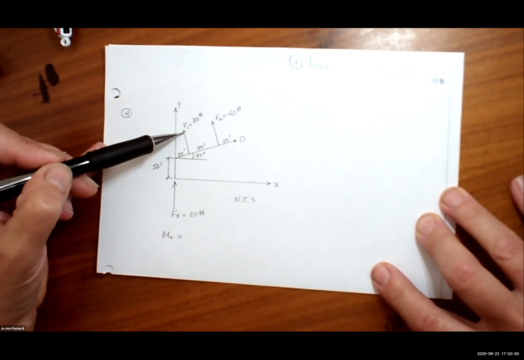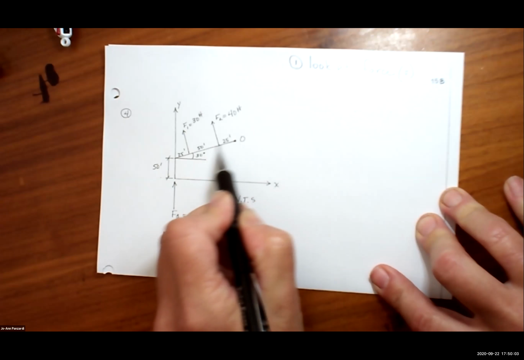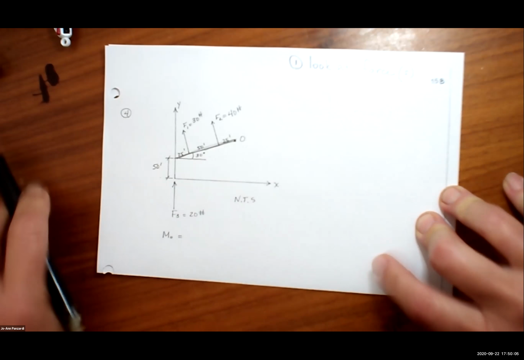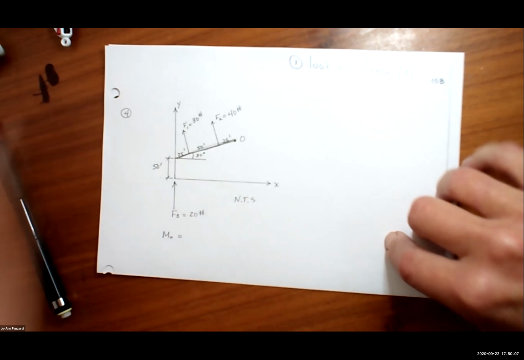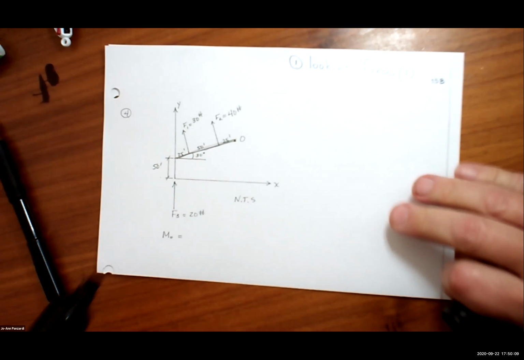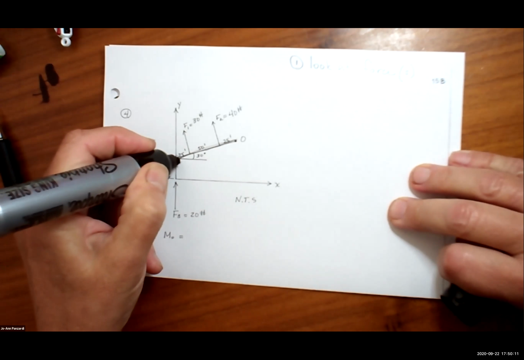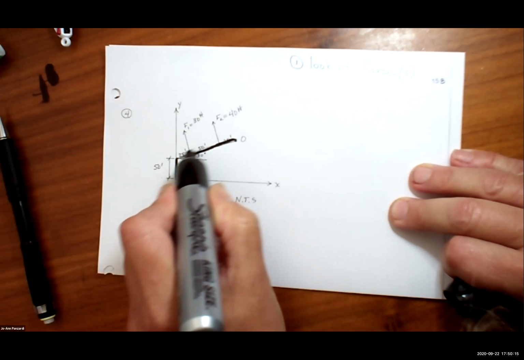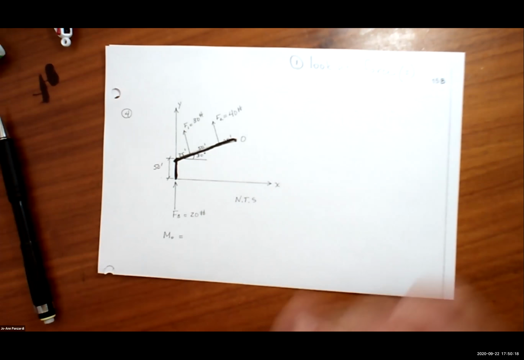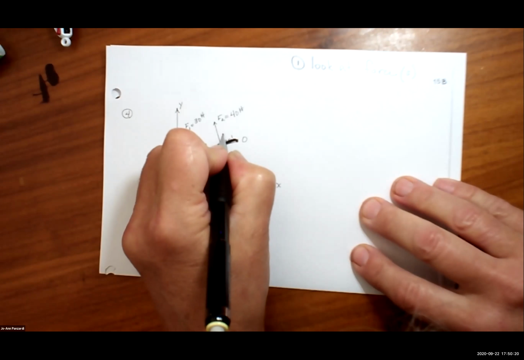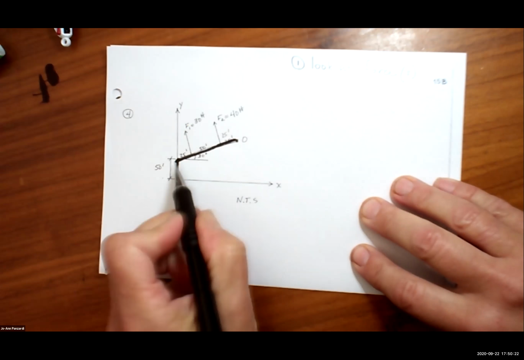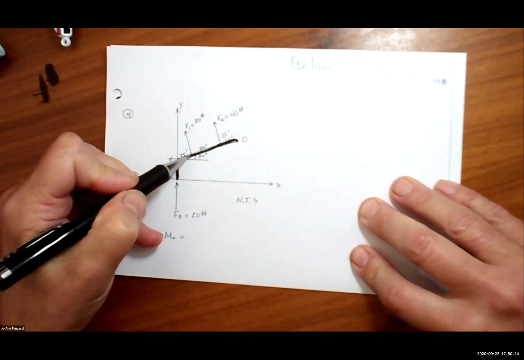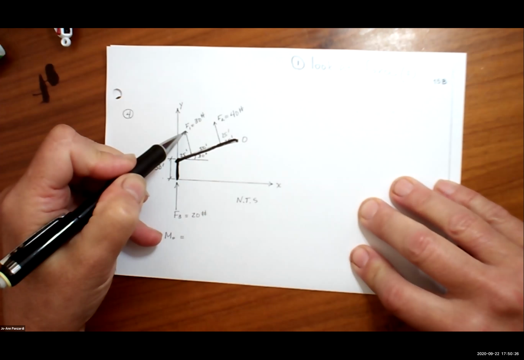Take a look. So this is a bracket. This is 25 feet. There's a bracket, and there's a force here, F1.